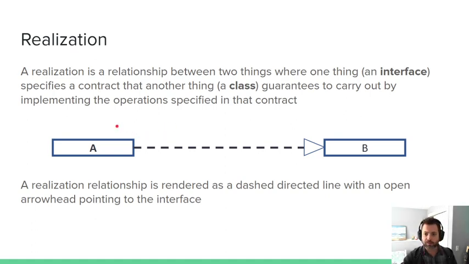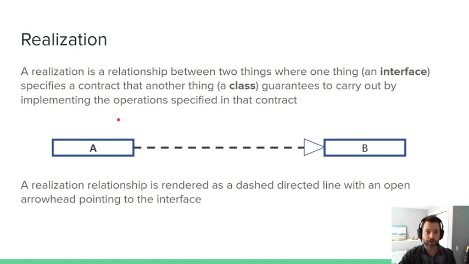The last association we're going to talk about is a realization. This looks just like generalization, except the difference is it's a dashed line instead of a solid line. We only have so many line types and arrowheads that we can play with. Here, what this implies is that you have an interface and a class. Now, we haven't talked about interfaces yet.